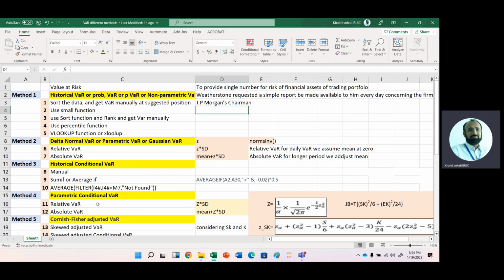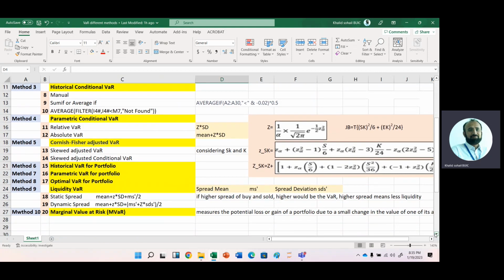Most of the time, we know that our data is not normal when calculating returns at different frequencies like weekly or daily data. Then we have skewness and kurtosis problems as well. To deal with those problems, Cornish-Fisher introduced a new method called Cornish-Fisher adjusted value at risk.